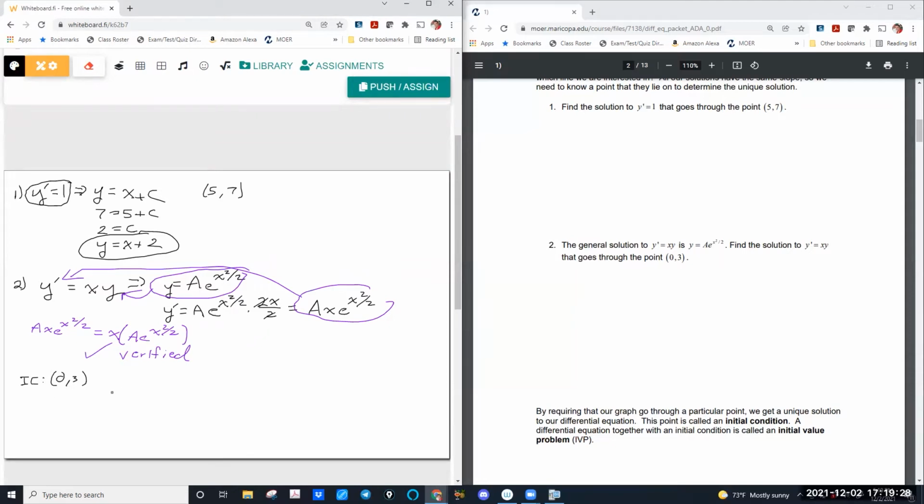So we know that our solution is y equals a e to the x squared over 2. We're going to plug in our initial condition and solve. 3 equals a e to the 0 squared over 2. 0 squared is 0, divided by 2 is 0, e to the 0 is 1. This gives us a equals 3. And so our unique solution to this initial value problem is 3e to the x squared over 2.